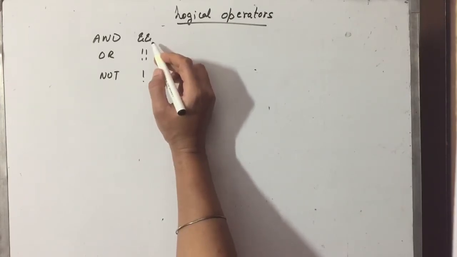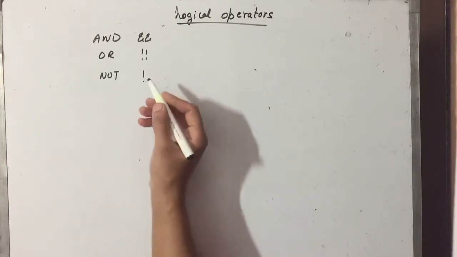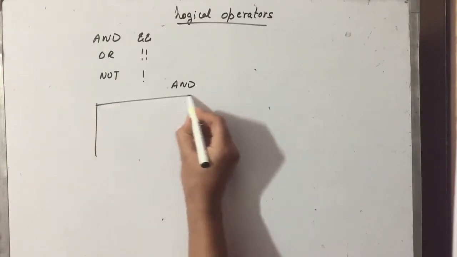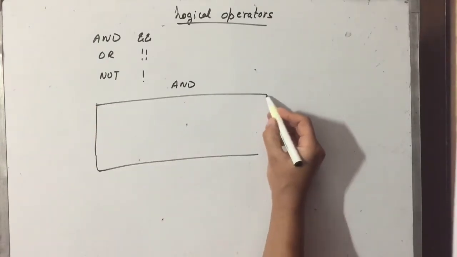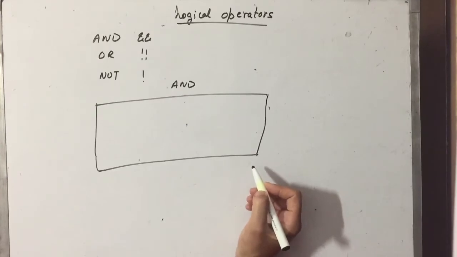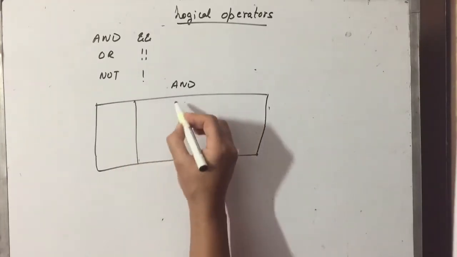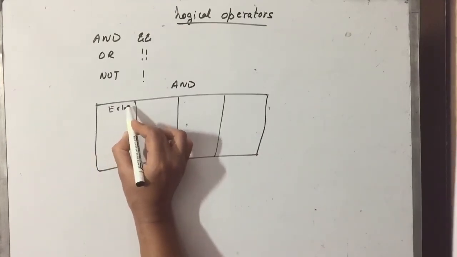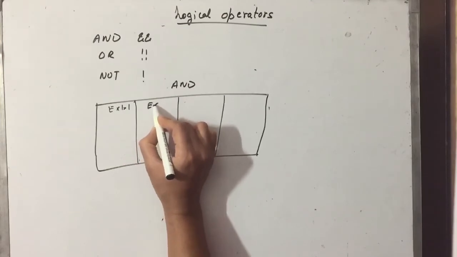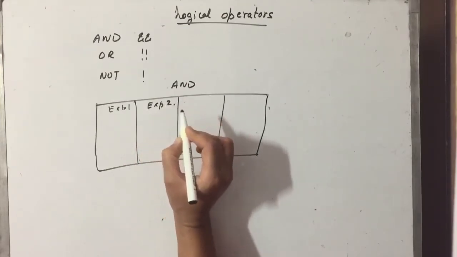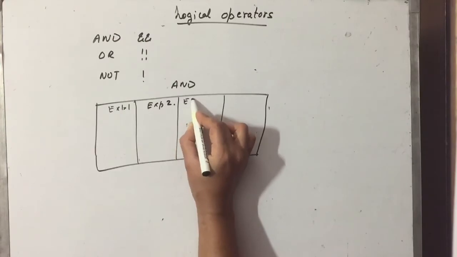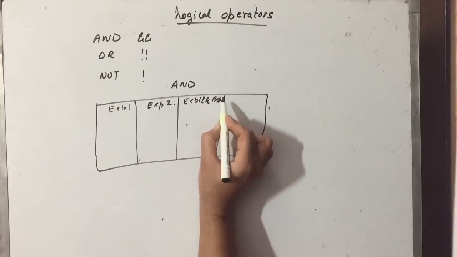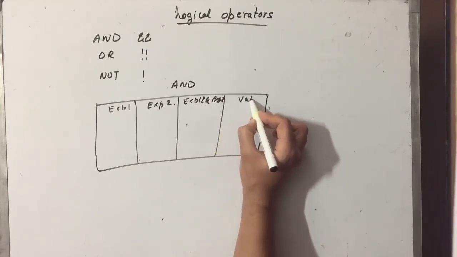Now suppose I make a table for and. I will explain it for one and the rest of the things you can follow with the book. Suppose we discuss it for and. Let us say this is your expression 1, this is expression 2, and here we are ANDing expression 1 and expression 2, and this is the result of it.